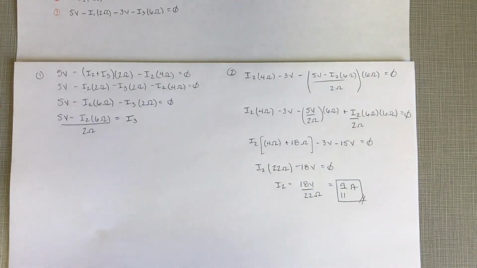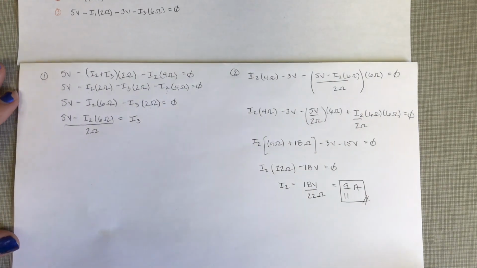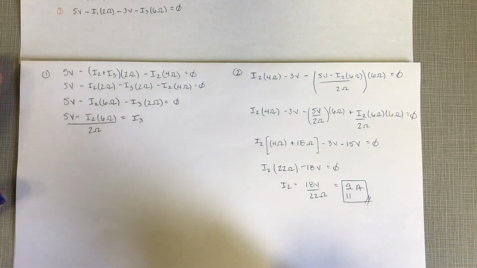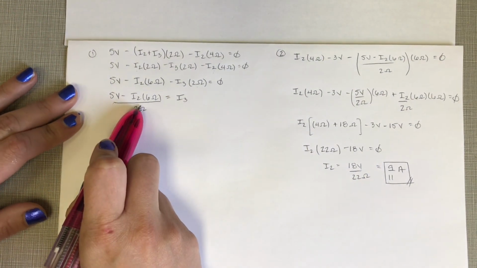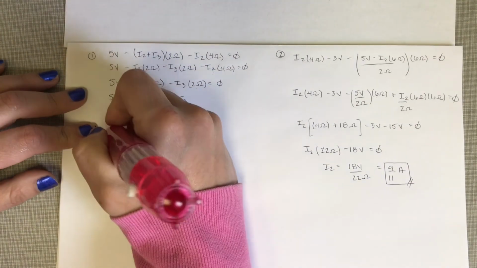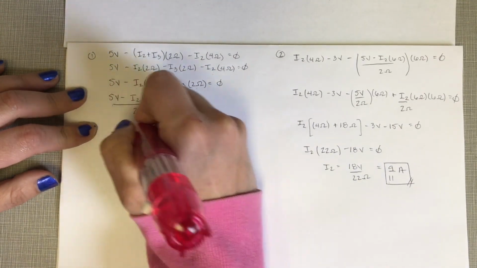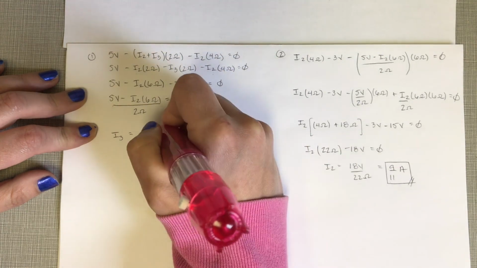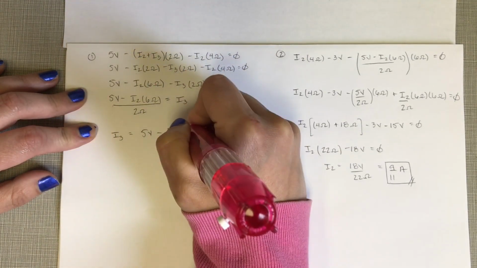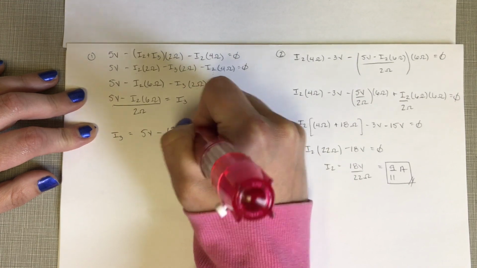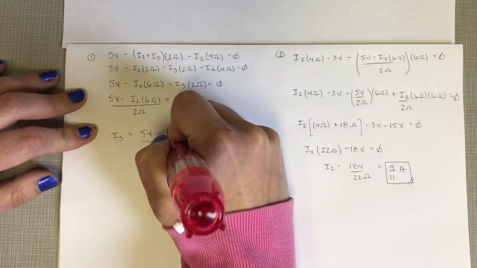Okay? So the algebra is super tedious on all these, but once you get the equations, it's not awful. I'm going to take I2 and stuff it back in here to get I3. So I3 equals 5 volts minus I2, which was 9/11, times 6 ohms all over 2 ohms.